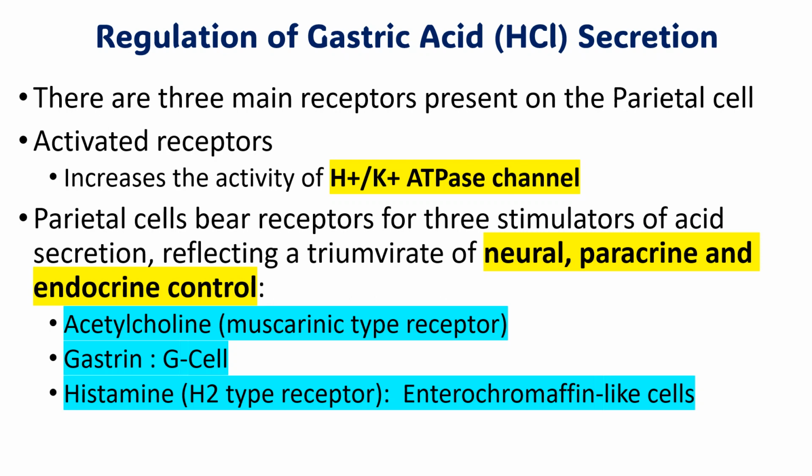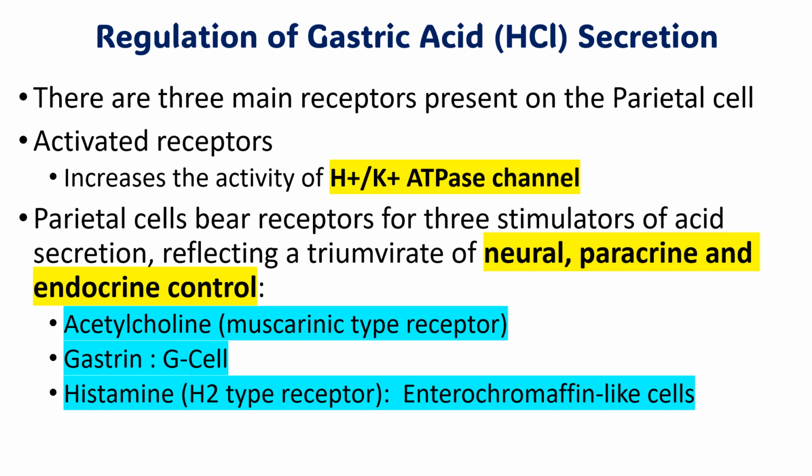The second function of histamine is that it acts on the parietal cells to activate adenylate cyclase. This adenylate cyclase leads to elevation in the intracellular cyclic AMP concentration, and this cyclic AMP is responsible for the activation of protein kinase A. Protein kinase A is involved in many different signaling cascades.